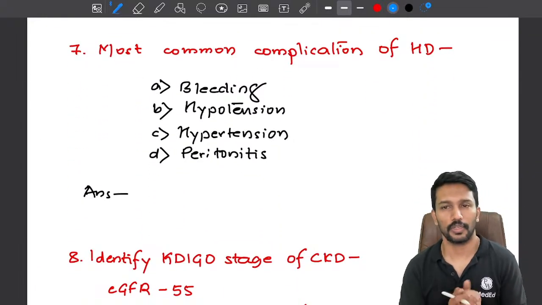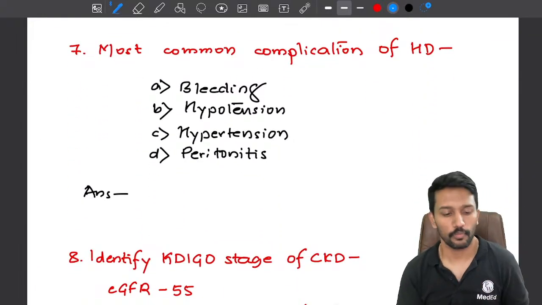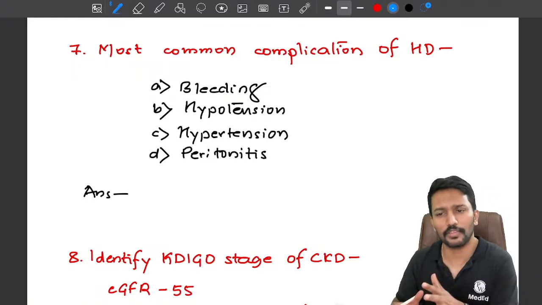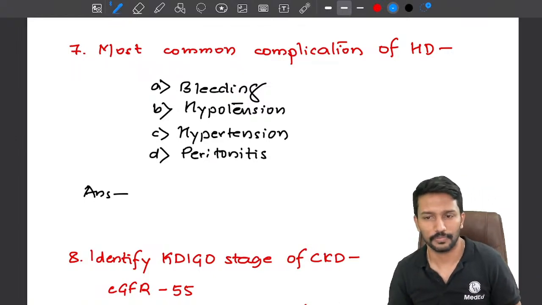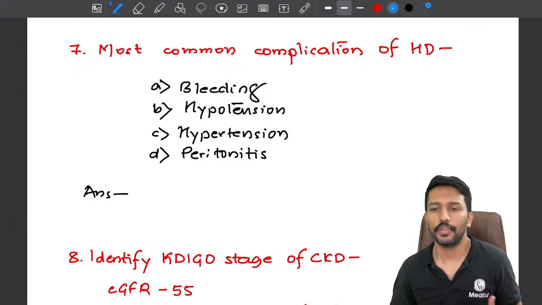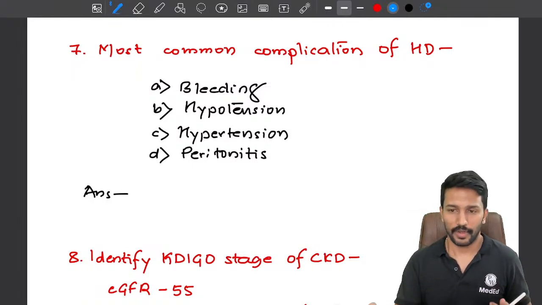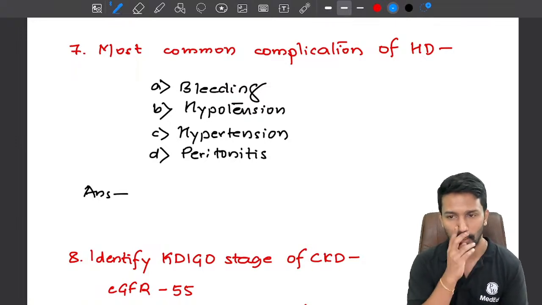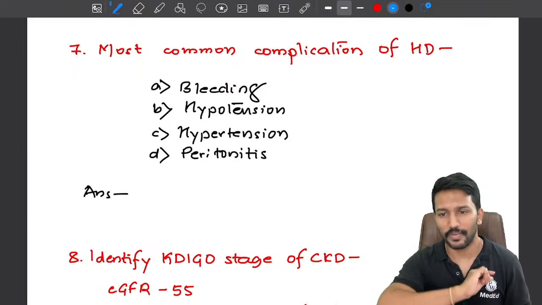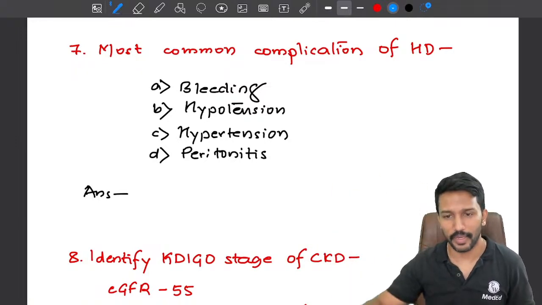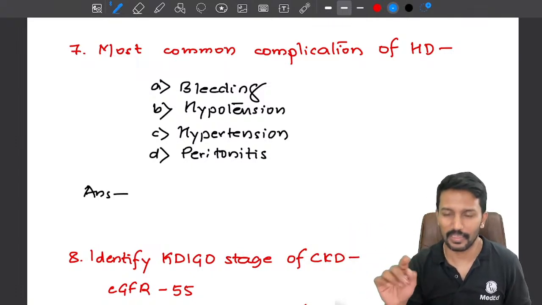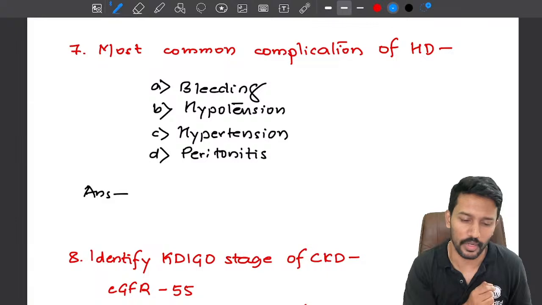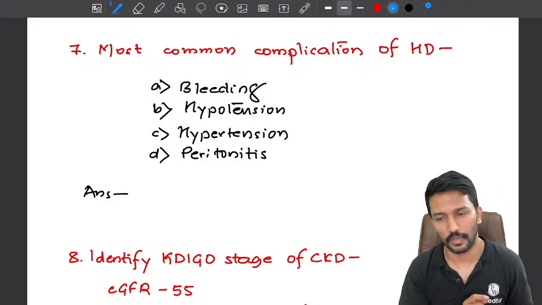Okay, next question. Most common complication of hemodialysis. When we start doing hemodialysis, it also comes with its set of complications. Basically, how hemodialysis operates: we connect the patient's vein or a fistula or a dialysis cannula to a machine, right? One port will drag the blood out of the body and make it run through the machine where the filtration process happens, and the filtered blood comes back to the patient's body through another cannula, right?